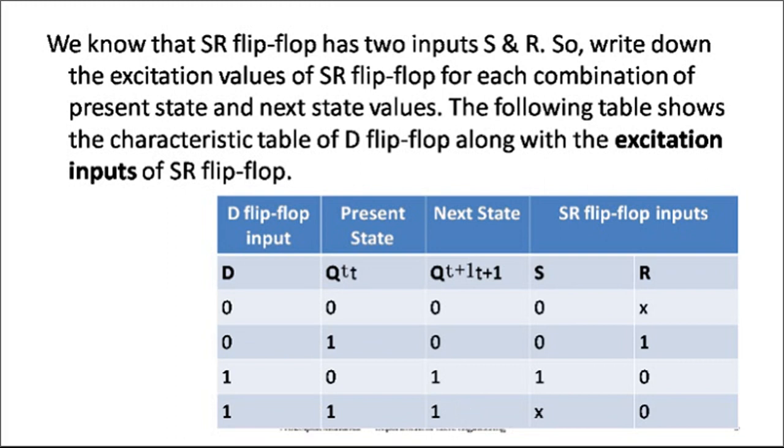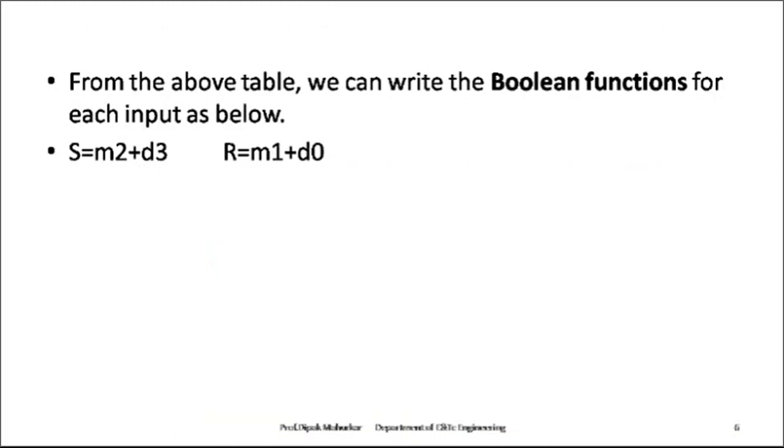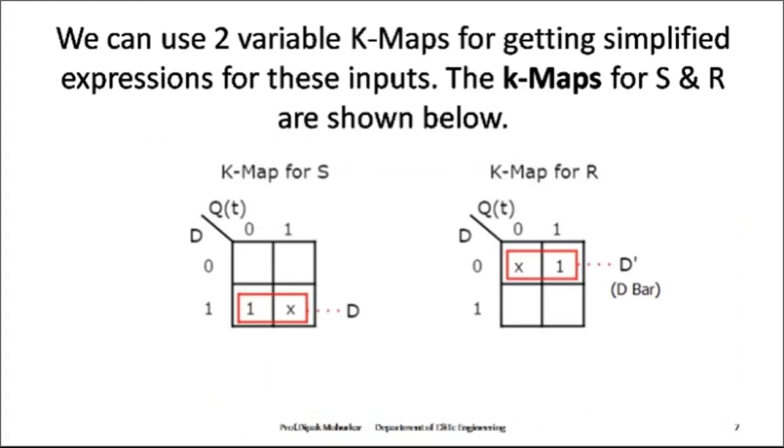Now our next step, from the above table, is to find the Boolean expression for S and for R. For S, we have 1 and don't care conditions in the K-map of D and Qn.